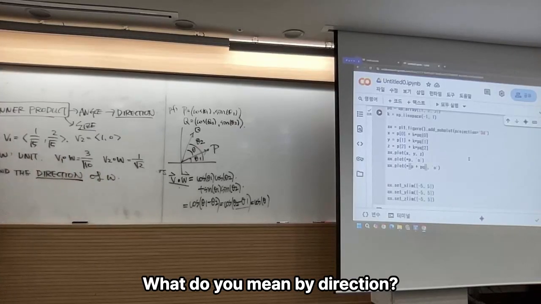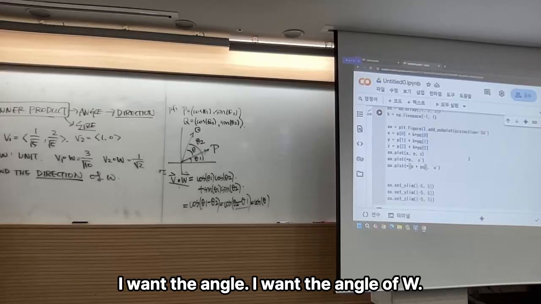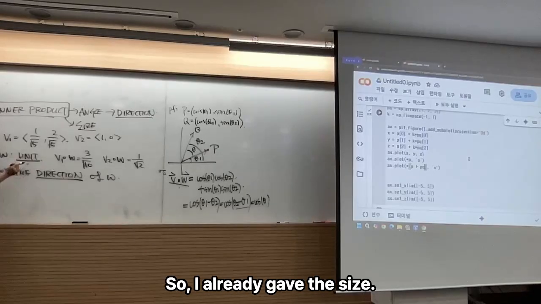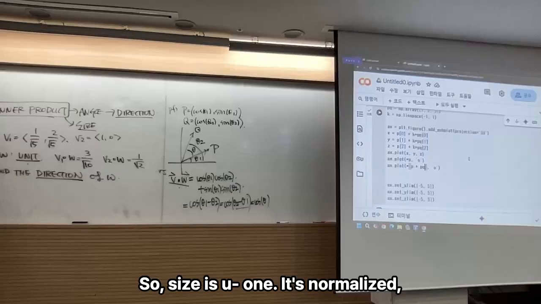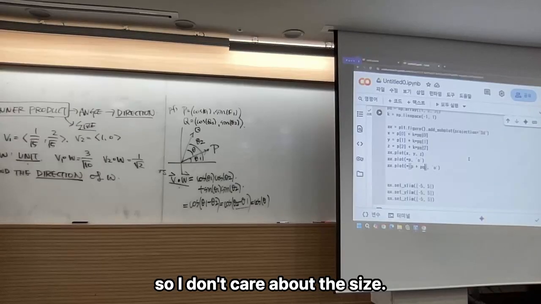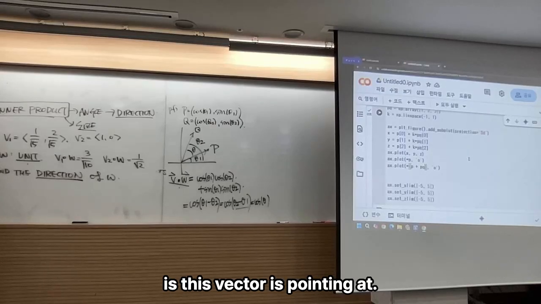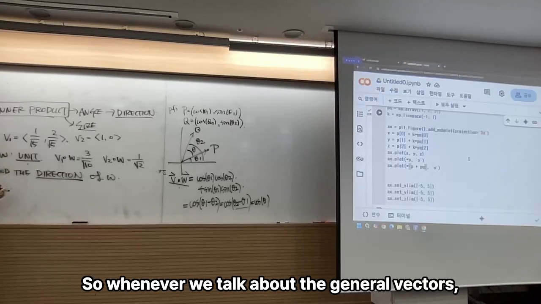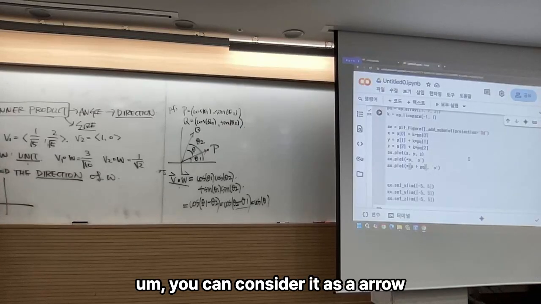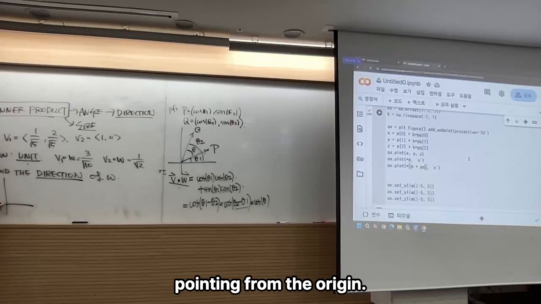What do I mean by direction? I want the angle of w. I already gave the size. The size is 1, it's normalized, so I don't care about the size. It's given. I only want to know which direction this vector is pointing. Whenever we talk about general vectors, you can consider them as an arrow pointing from the origin.